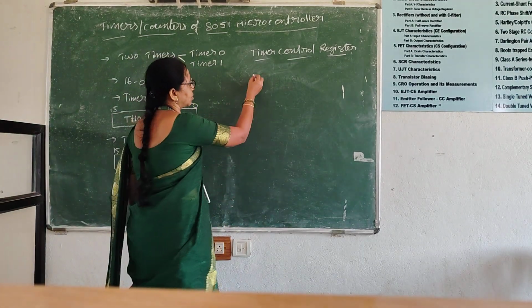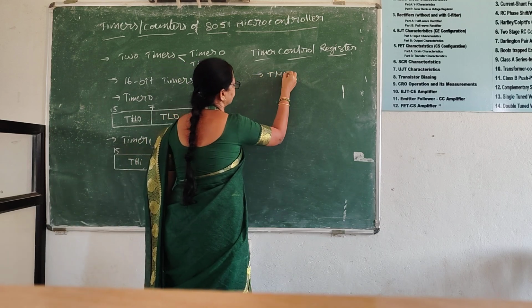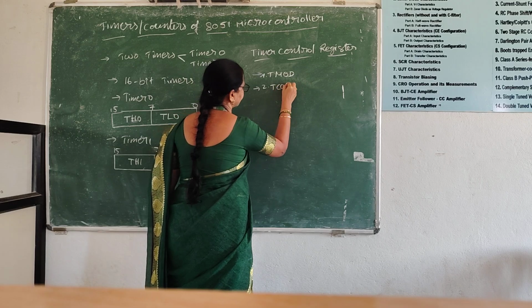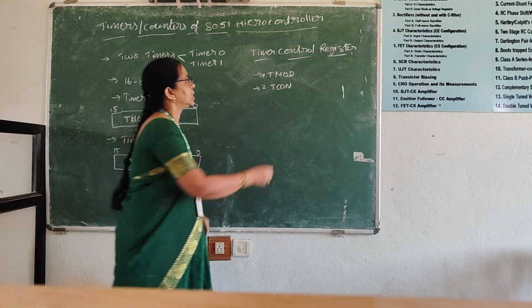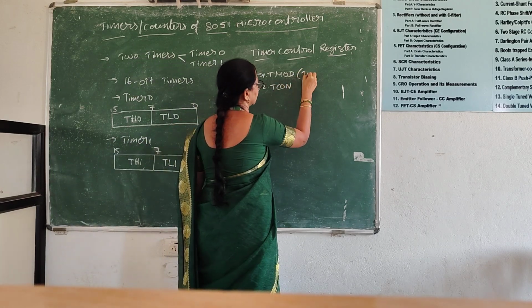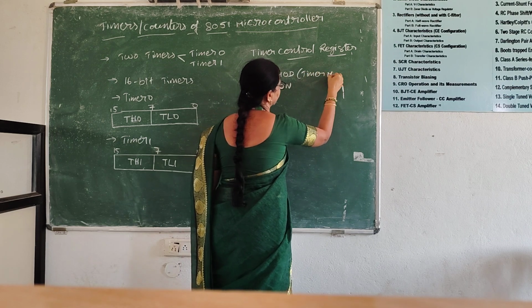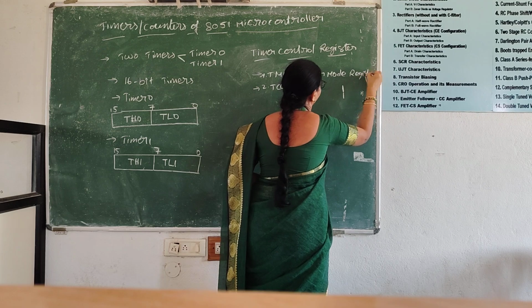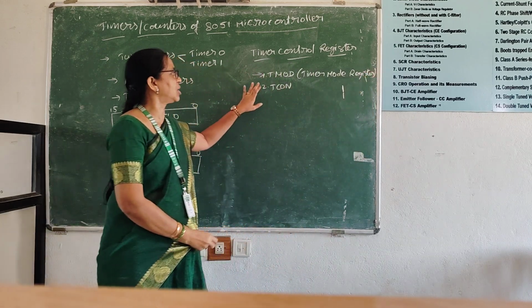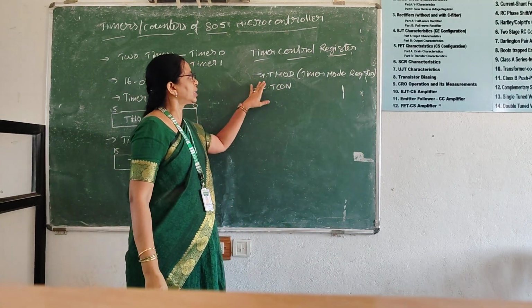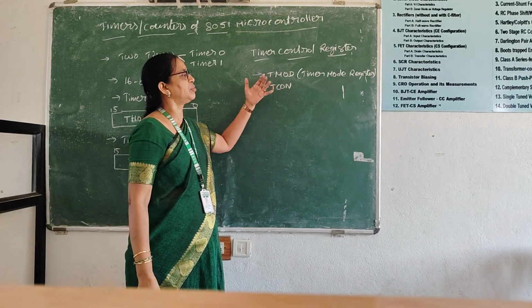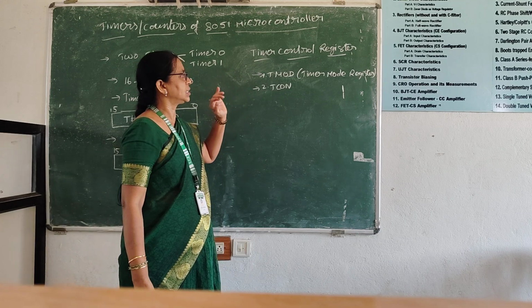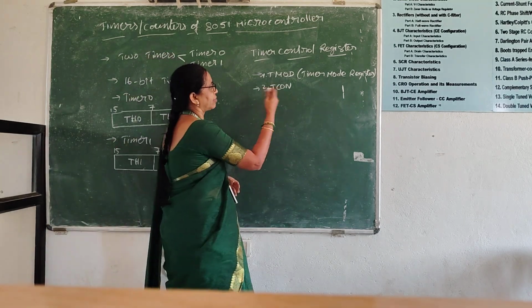There are two timer control registers, TMOD and TCON. TMOD means timer mode register. What is the function of the timer mode register? We can set any one of the 4 modes; we can set the timer to the required mode.